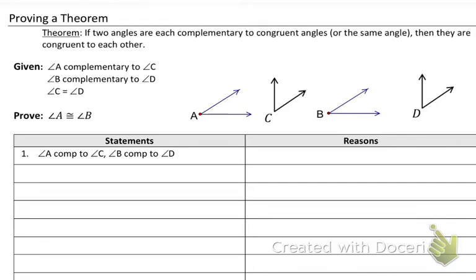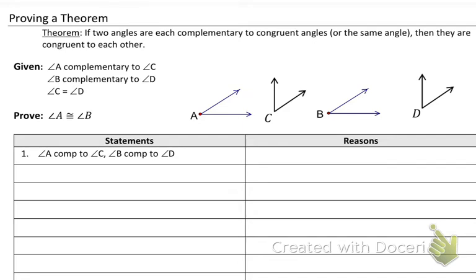Let's find that theorem in our sheet. Yes? It is the congruent complement. If you look at congruent complement, it says the same thing. Now, here's the big thing about proving theorems. You cannot use the theorem to prove itself. It's kind of like if I give a definition for a word, I can't use that word to define it.